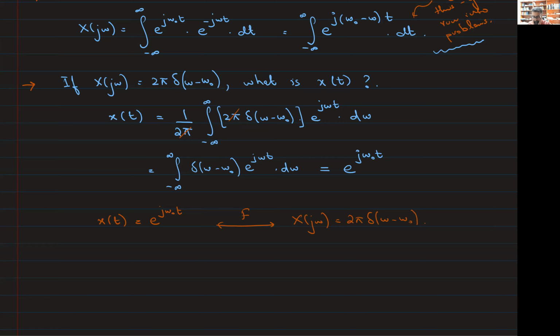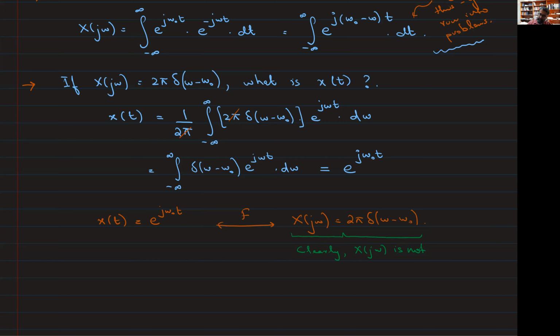Okay. Now the question is, is this Fourier transform convergent or not convergent? So clearly, x of j omega is not bounded.